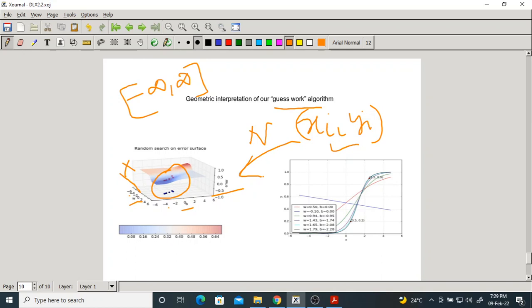Furthermore, you cannot draw this error surface for all ranges of parameters W and B. For these two reasons, it is not feasible. So we need to go for a principled way of learning the weights. Let us see that in the next class. Stop here. Thank you.